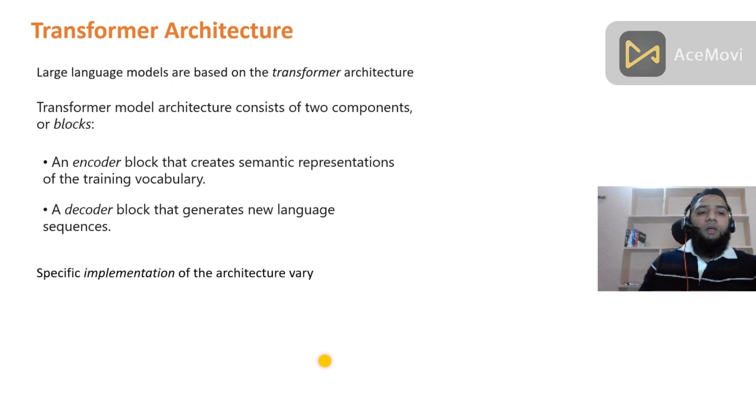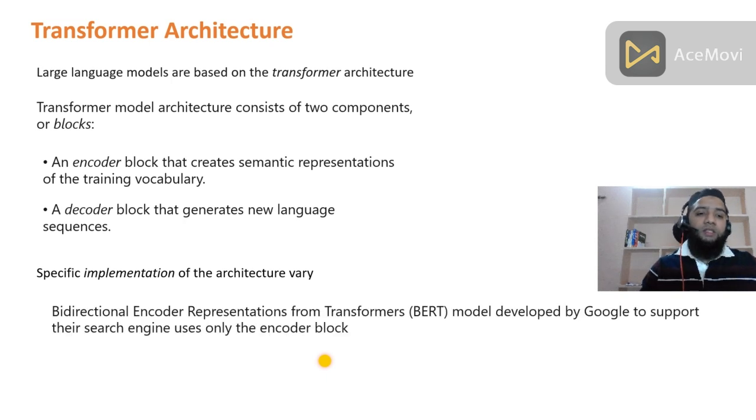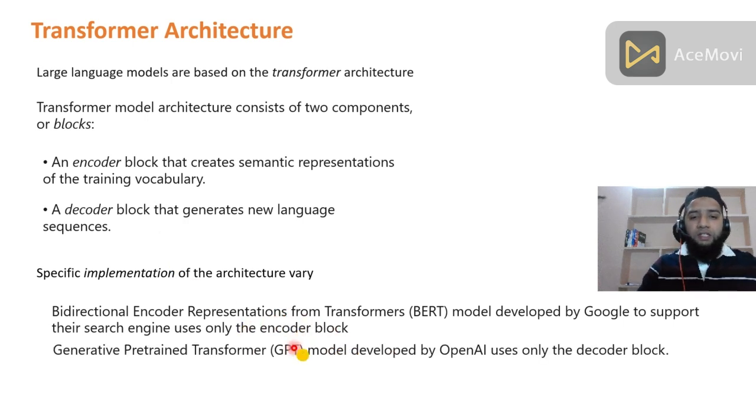Now the specific implementation of the architecture might vary. For example, BERT, which stands for Bidirectional Encoder Representations from Transformers, developed by Google, only uses the encoder block within this architecture, whereas ChatGPT, which is based on Generative Pre-trained Transformer developed by OpenAI, only uses the decoder block.